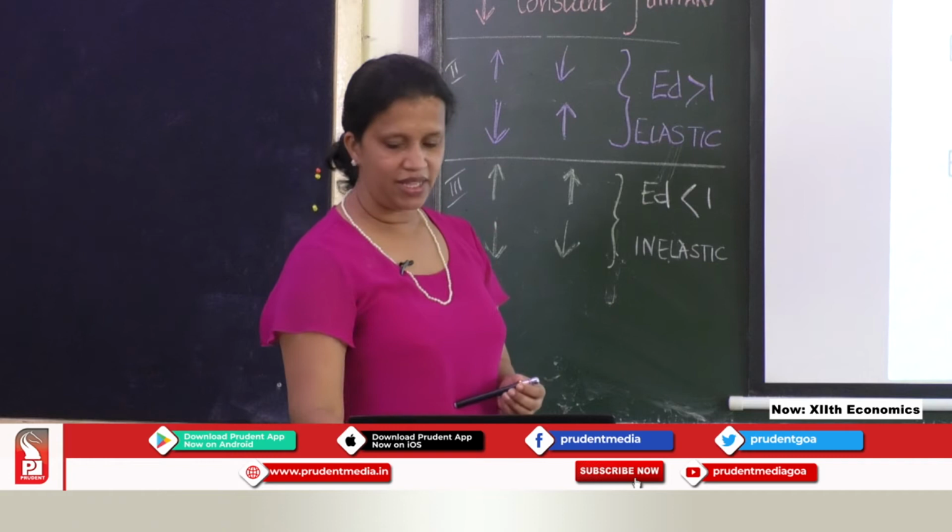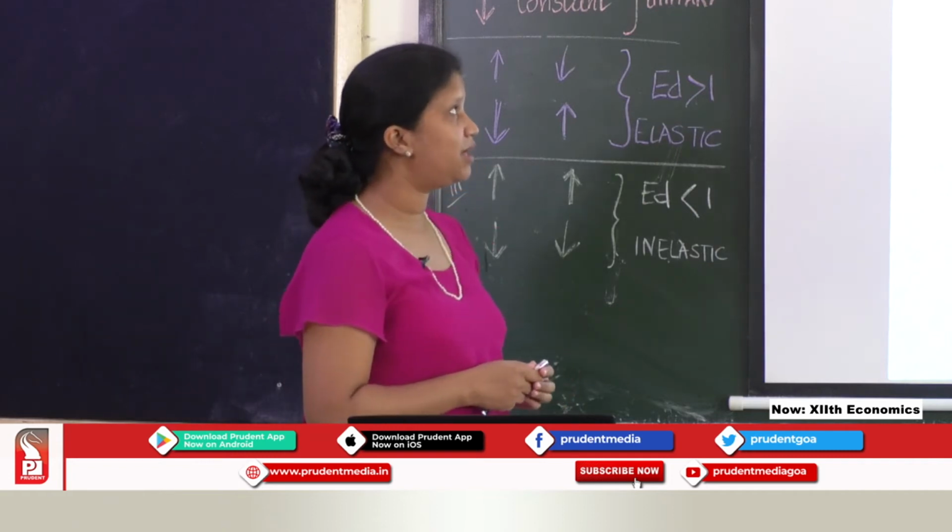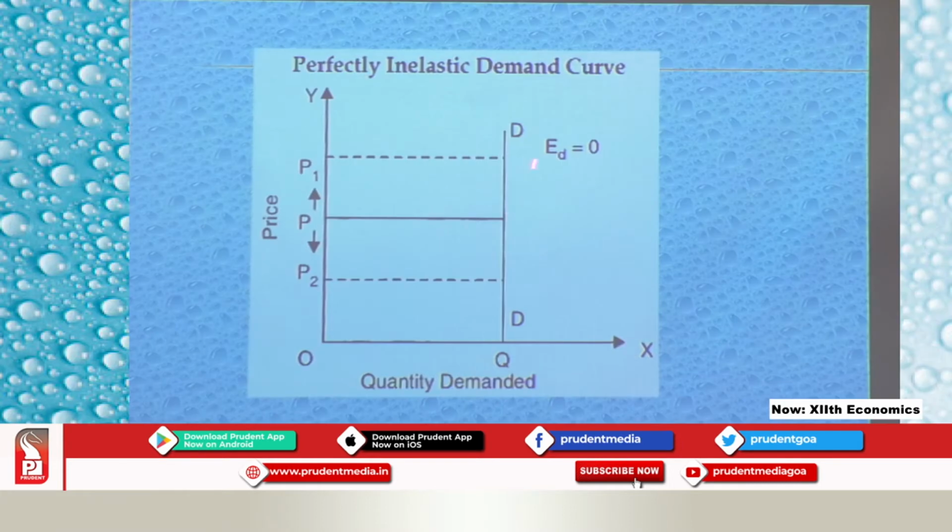So, therefore, in case of perfectly inelastic demand, what is the shape of the demand curve? It will be a straight line as seen in this curve, D. A straight line parallel now to the y-axis, right. Now, this straight line tells you that the quantity demanded is fixed.